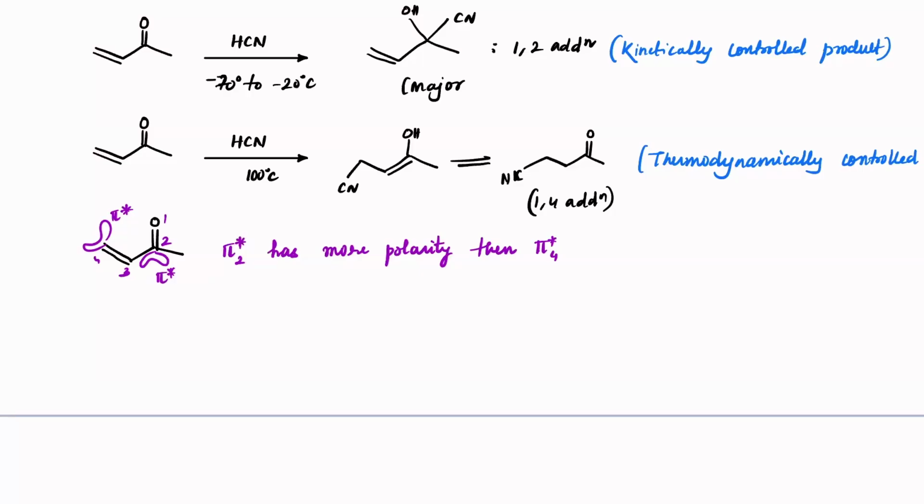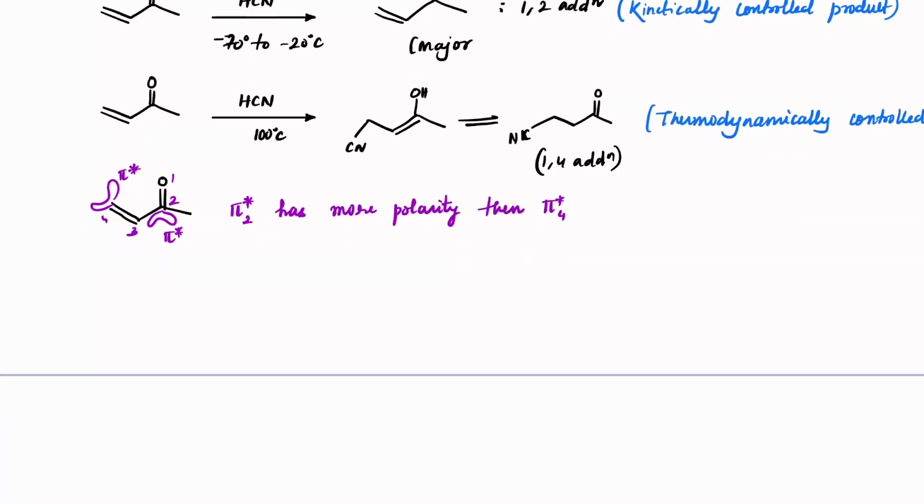But if a nucleophile is not worried about whether the reaction goes fast or slow, and is more worried about getting a more stable compound, then it will always go for 4. So it all depends upon the strength of the nucleophile.